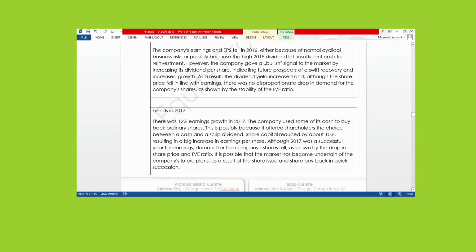Now check the number of ordinary shares. Between 2016 and 2017, ordinary shares reduced from 2,100 to 1,900. The company used some of its cash to buy back ordinary shares. Why would ordinary shares reduce? The only reason is share buyback.